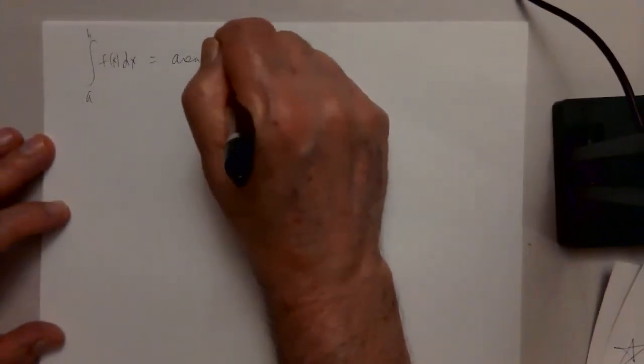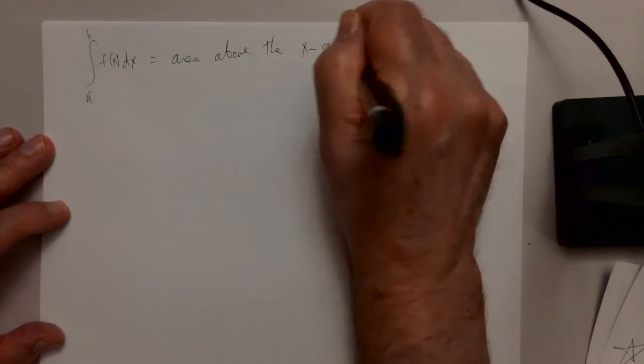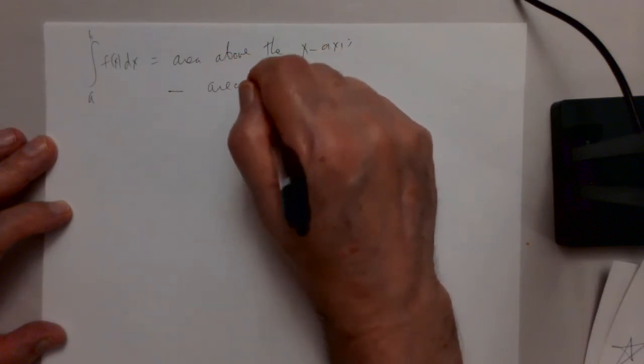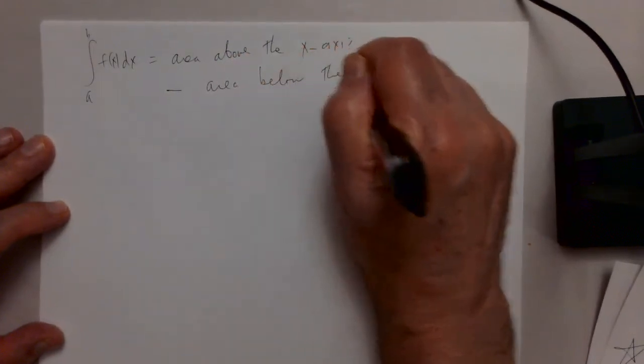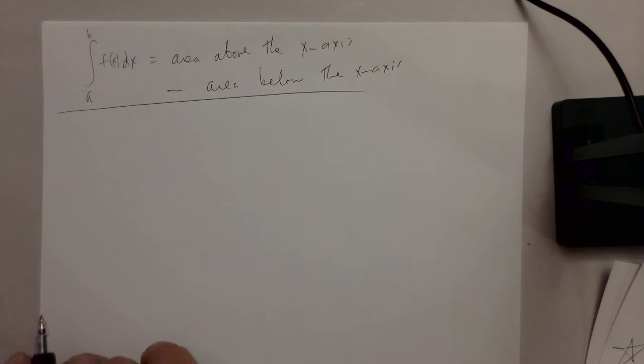So this integral is the area above the x-axis minus the area below the x-axis. That's the geometrical meaning of the definite integral.